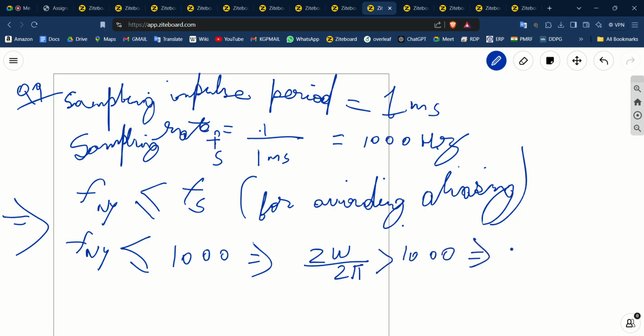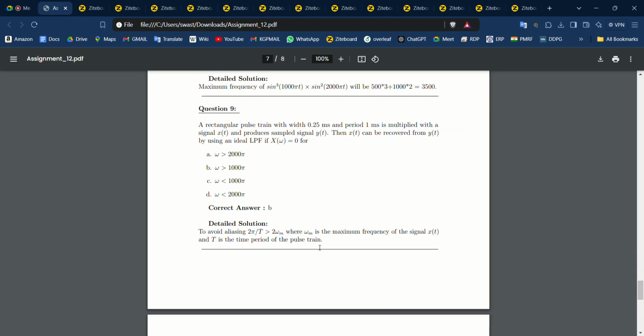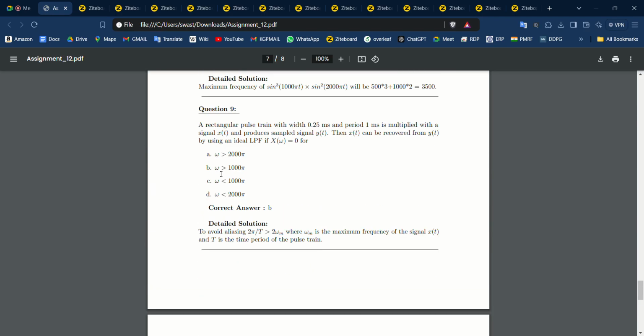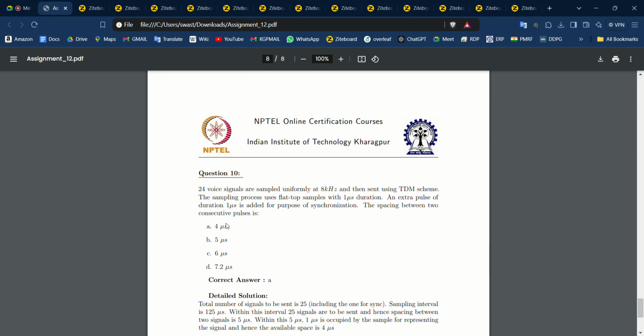This implies omega is less than 1000 pi. So the maximum frequency should be bounded by 1000 pi to avoid aliasing. So the correct answer is option B, B for Bombay. Omega is 1000 pi.